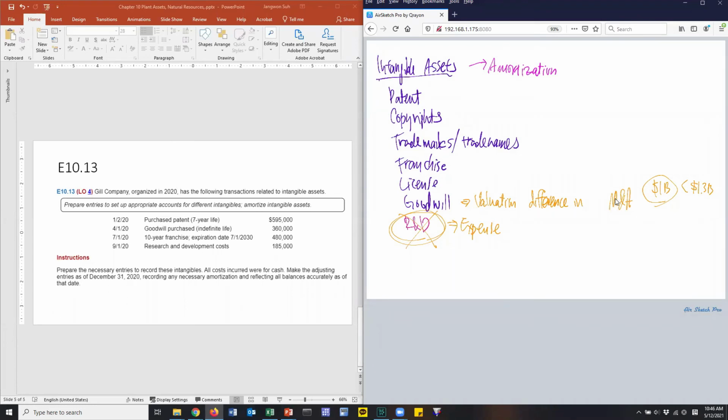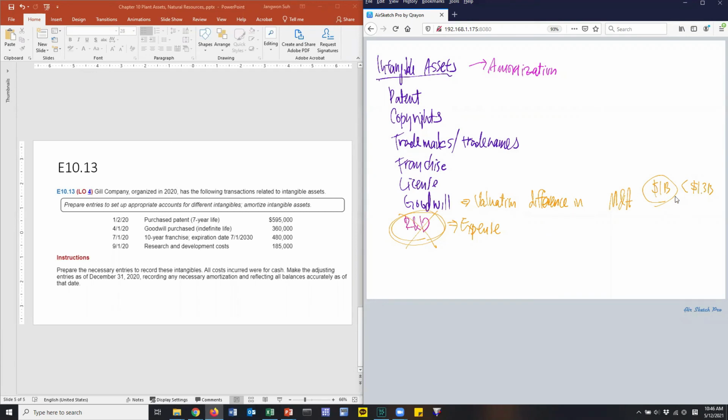Then, when the deal is completed, Amazon will value it based on the acquisition cost, right? Principle. And in Amazon's books, you will record Whole Foods as $1.3 billion. When Whole Foods' book value is $1 billion, right?